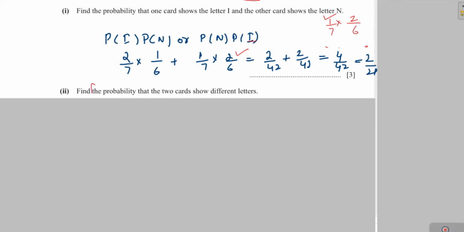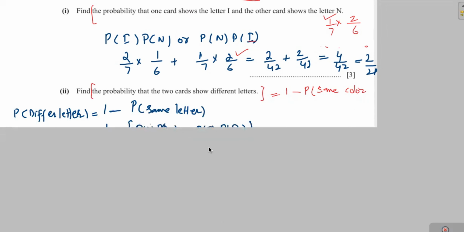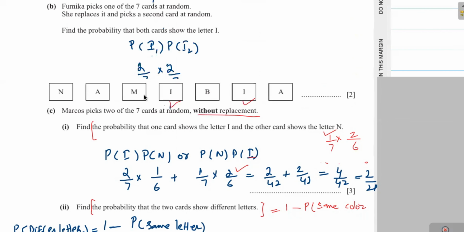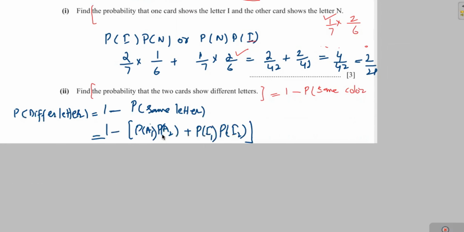This probability will be equal to 1 minus the probability of the same letter cards. Here there are 2 letters A and 2 letters I. Therefore, the possibility of both cards being the same will be either A or I. So we write the probability of first card A and second card A, and in the next case, the probability of first card I and second card also I.